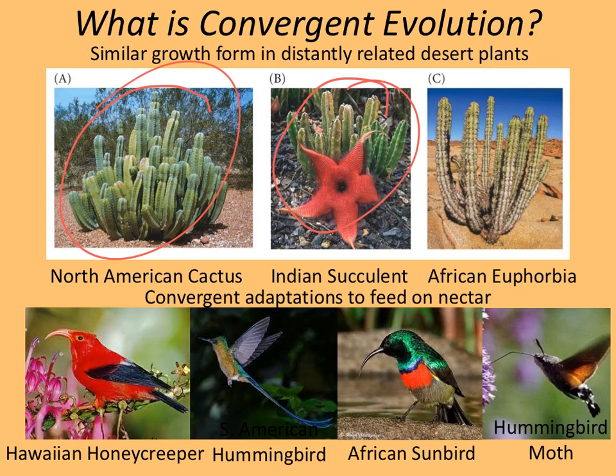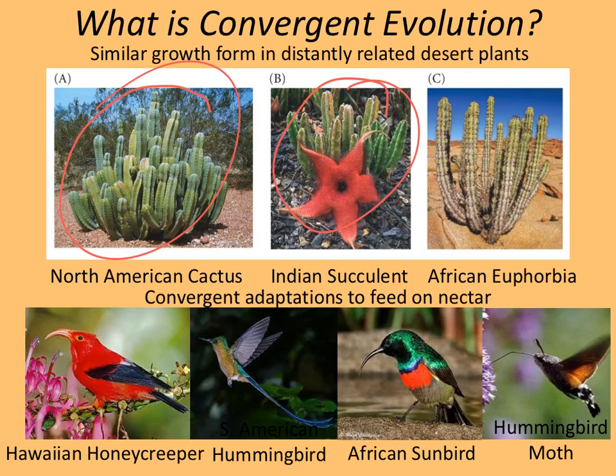Nectar feeders, in terms of these birds, and then this is actually a moth. This is Hawaii, one of the honey creepers, and they pollinate flowers. Flowers have nectar, they come drink it, go off to another flower, pollinate it. Hummingbirds, they do the same thing. This one's from South America.